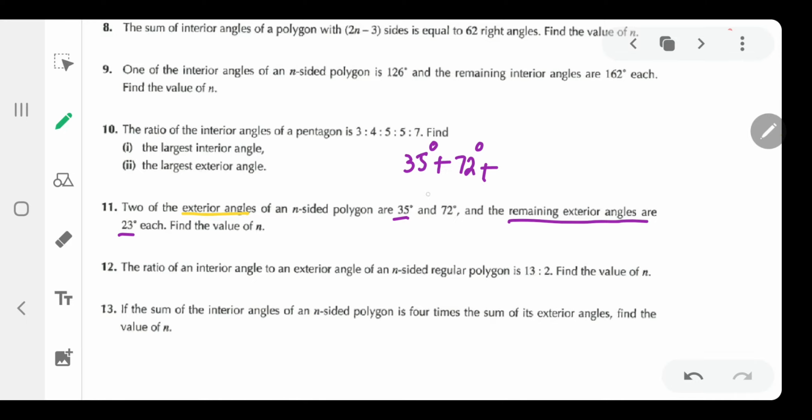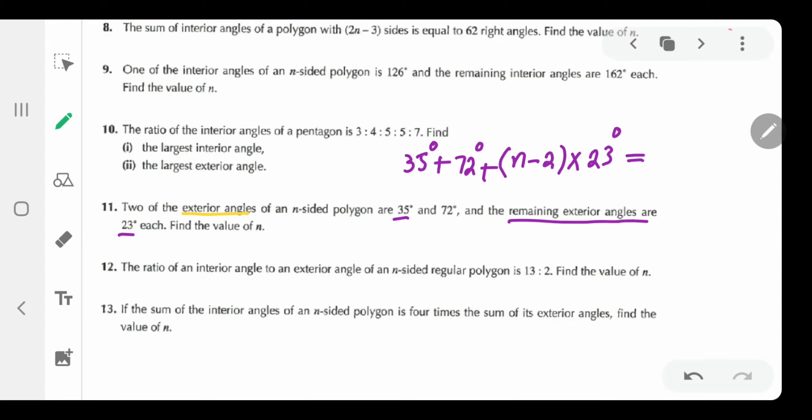So for example, if we have n angles and we have already used 2 angles, how many angles are left now? We have n minus 2. It means that n minus 2 angles are remaining, and we have to multiply it by 23 because all those angles are 23 degrees each.